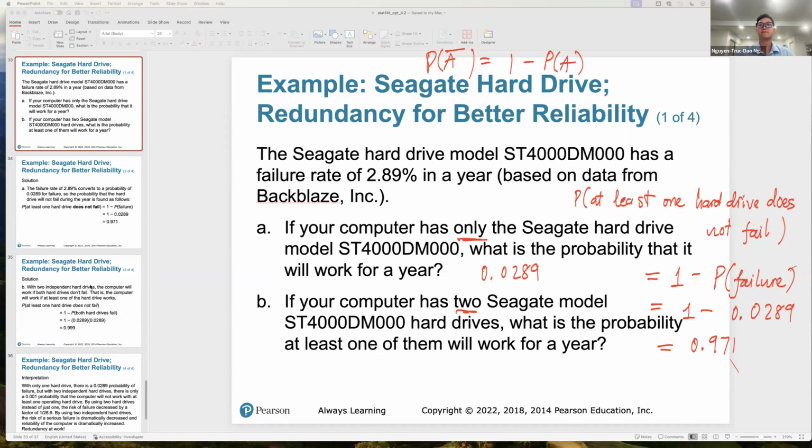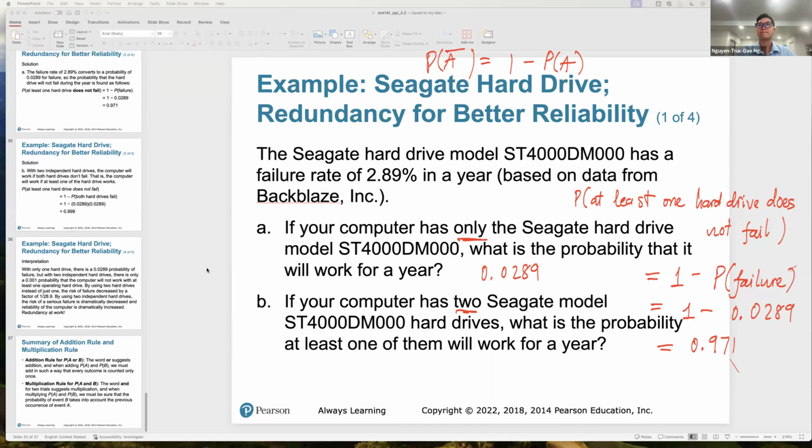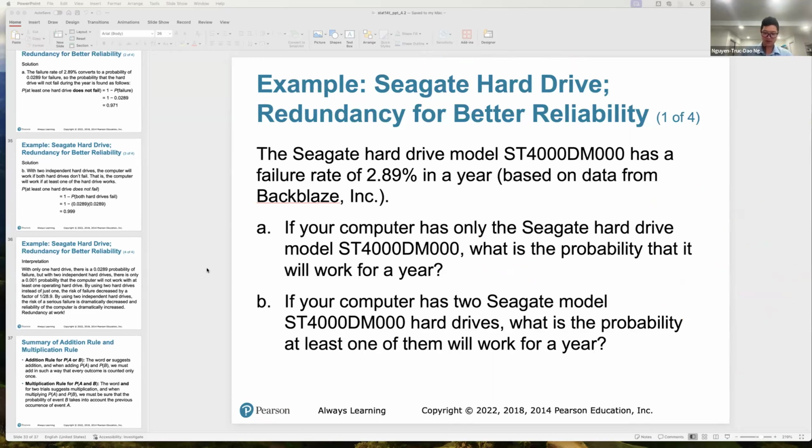So what do you think? In this case, let's do it. Let me clear the first problem, and then I'm gonna write the second answer here. So with only one hard drive, there is a 0.0289 probability of the failure, right?